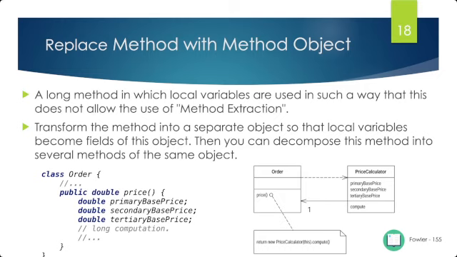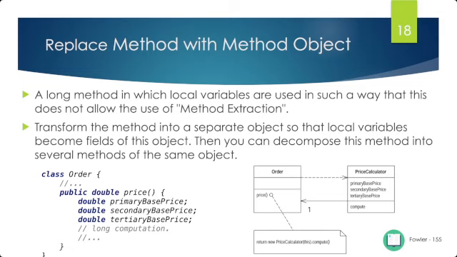In the left part of the slide, I have an example of code. Here I have a class Order with a method price. Inside this method I have some local variables, and it's very hard to separate this method into parts. That's why I create a new class PriceCalculator.